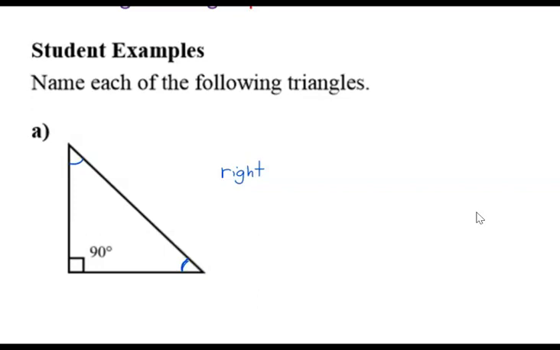If I were to indicate here that two of the angles were the same, we could classify this as isosceles if we knew that both of these angles, for example, were 45 degrees. We don't know this for this one, so we can just call it a right triangle. But if we knew that both angles on the other sides were the same, we could call it also isosceles.